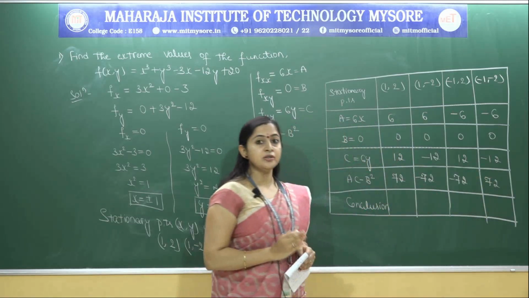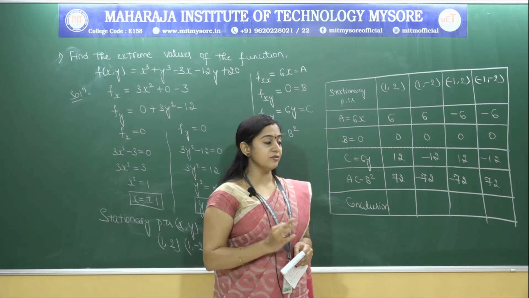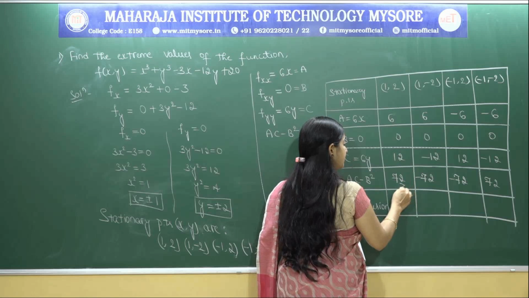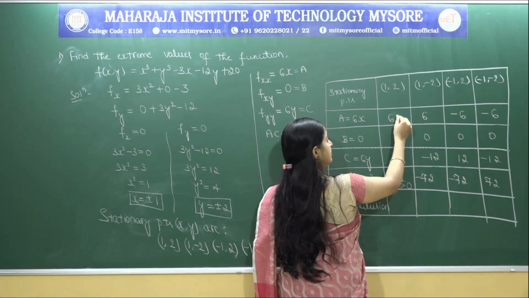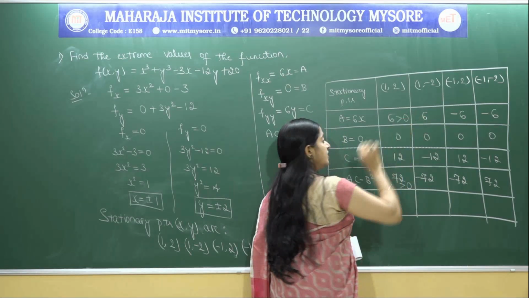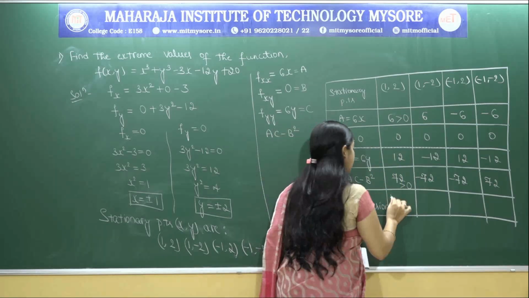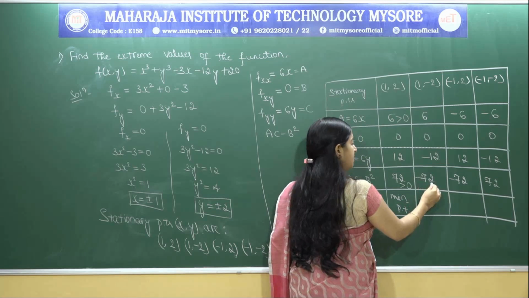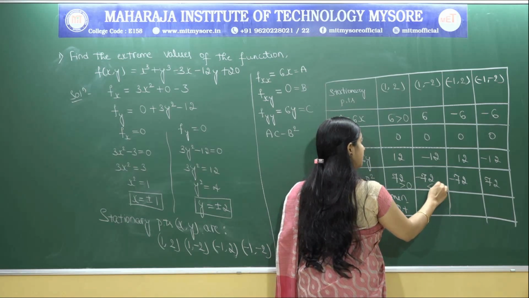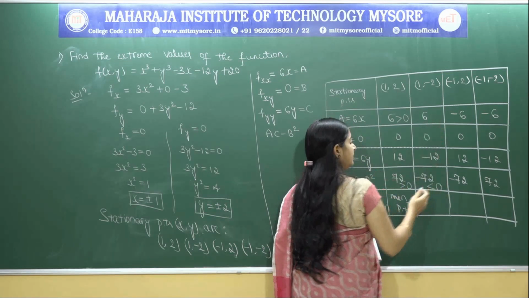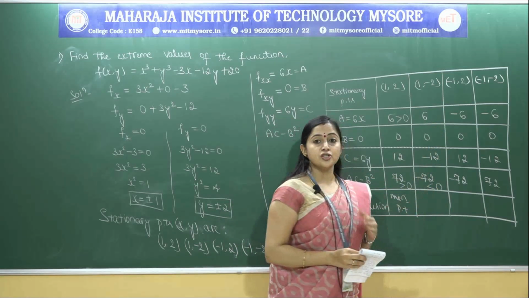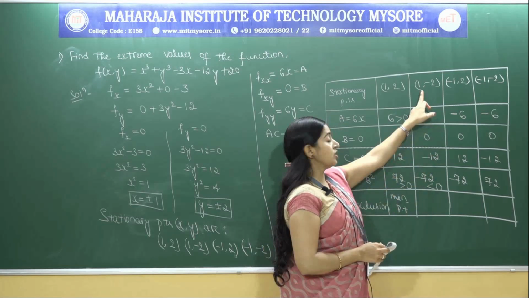So you know the condition to find the maxima and minima for the given function. If AC minus B² is greater than 0 and A is also greater than 0, then the function is said to have a minimum point. If AC minus B² is less than 0, then the given function has no extreme value at this stationary point.